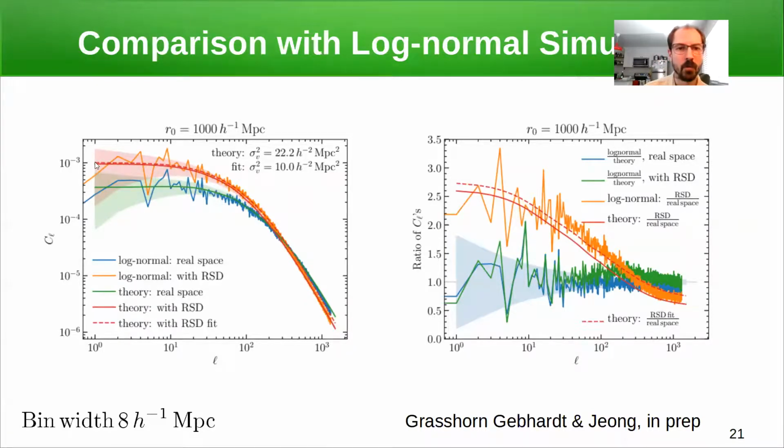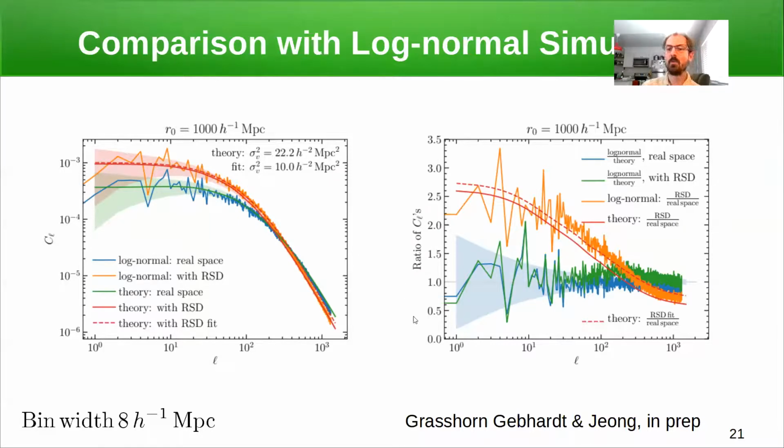And in red, we have the version with RSDs, both linear Kaiser and Gaussian fingers of God in this case. And we included it both with a theoretical prediction for the strength of the fingers of God effect, as well as a fit in dashed here.